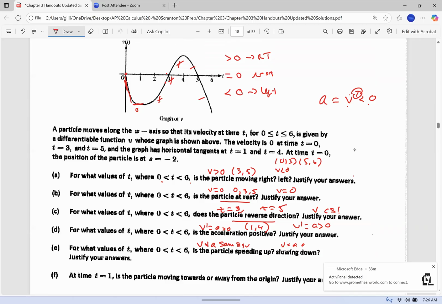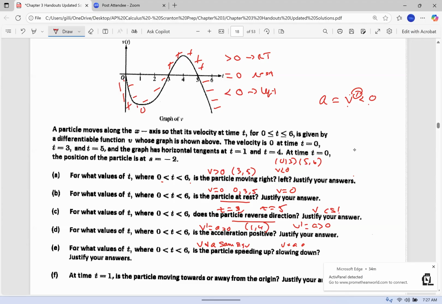So here, my velocity is all negative, negative, negative, negative, positive, positive, positive, positive, and then negative, negative, negative. That's where my velocity signs are. And then acceleration is the sign of the tangent. So here, all my slopes are positive, and that's 0.